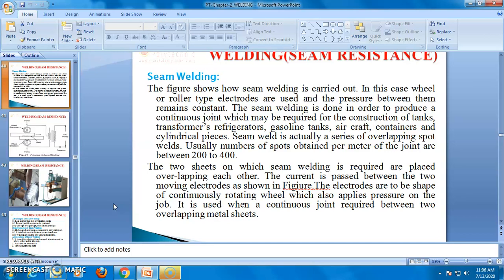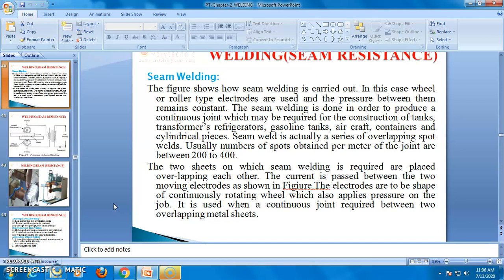It is the same as spot welding, but the difference is that in spot welding you are using two flat electrodes, but in seam welding we are using two circular rotating electrodes.